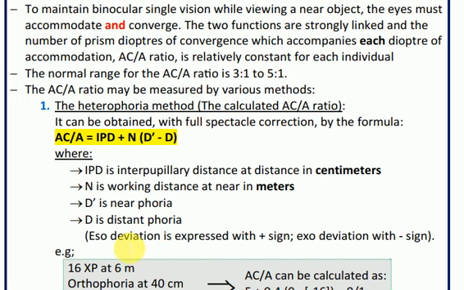By convention, a positive value denotes an esodeviation and a negative value an exodeviation.